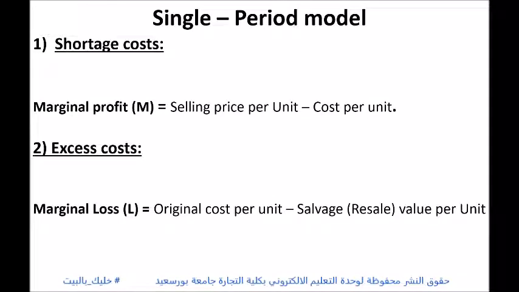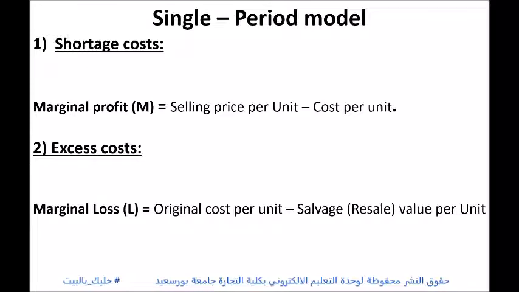The main objective of this model is to identify the order quantity or stocking level that will minimize the cost and achieve the maximum profit. In analyzing this model, we have two types of costs: shortage cost and excess cost. Shortage cost may include a charge for loss of customer goodwill, as well as the opportunity cost of lost sales.